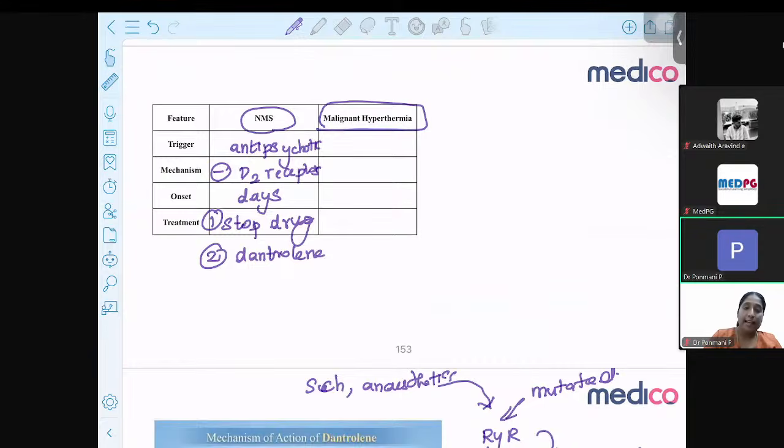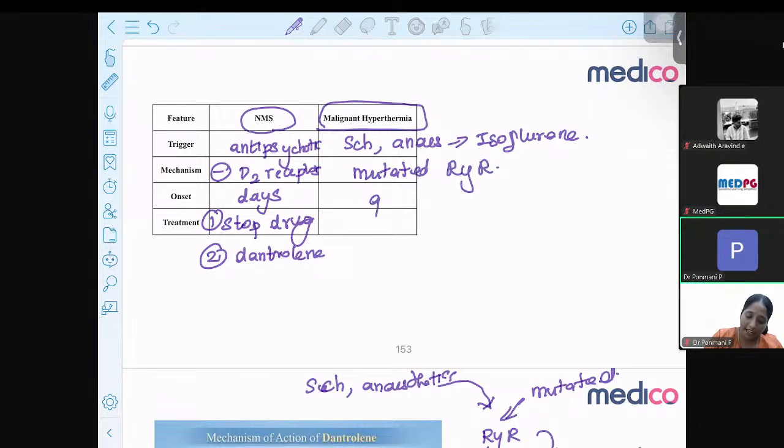So for malignant hyperthermia, the trigger is mainly succinylcholine or a few anesthetics such as halothane or other fluorinated anesthetics like isoflurane or sevoflurane. The mechanism is because of the mutated ryanodine receptor. The onset is quick. It occurs very quickly. And the treatment is giving dantrolene. What does dantrolene do?